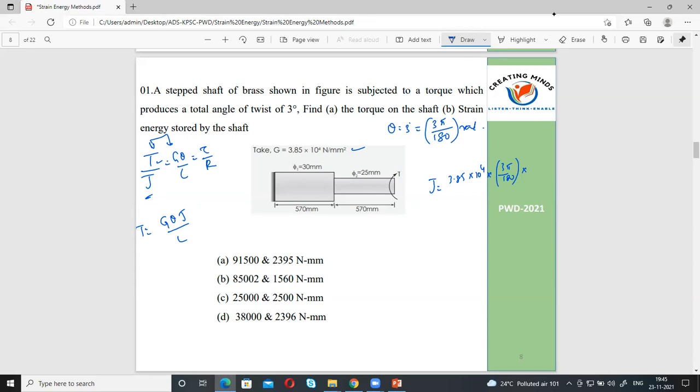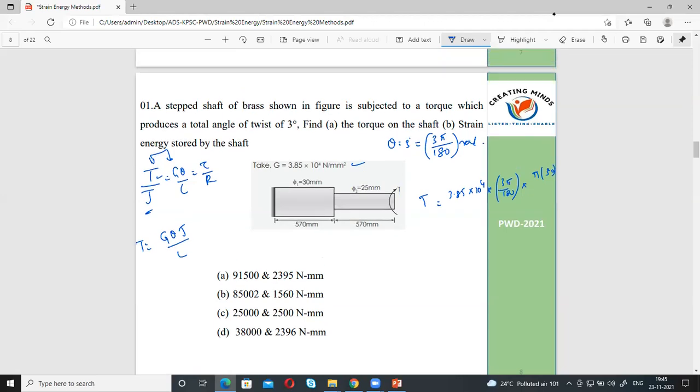J is pi d power 4 by 32. What is the diameter for this member? 30 power 4.